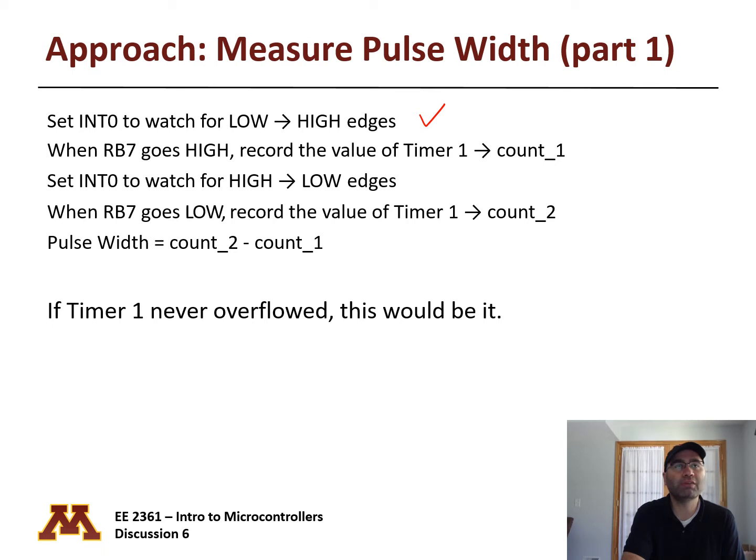When RB7 goes high, we will record the timer 1 value, as count 1. So there will be an interrupt flag raised, and when that happens, we save the timer 1 value to count 1.